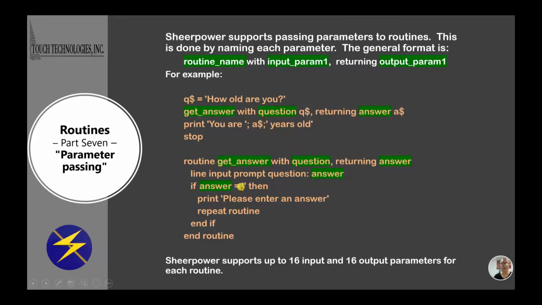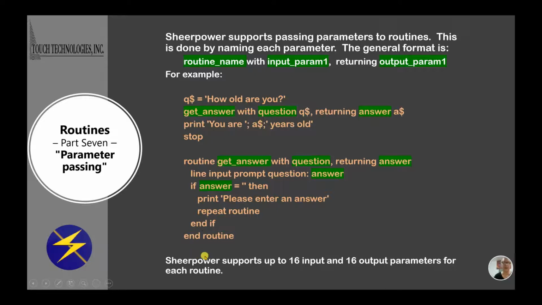If the answer is nothing, then it says, print, please enter an answer, and it repeats the routine, which means it just goes to the top of the routine and comes back down again. If they did give an answer, then the routine ends, and the variable called $1 receives the answer. And now back up here again, print you are 10 years old, and that stops.